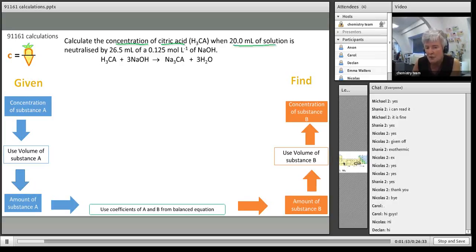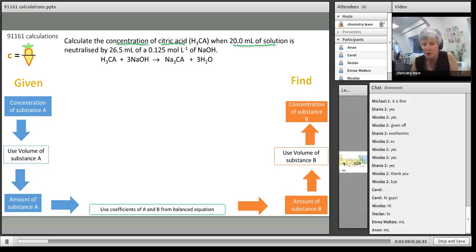How do I know it's the volume? What do I look at after the number, after 20, to know it's a volume? The milliliters. So that's why I say you have to know the units. So that poem I gave you, and if you need Quizlets, just make sure you know the units.